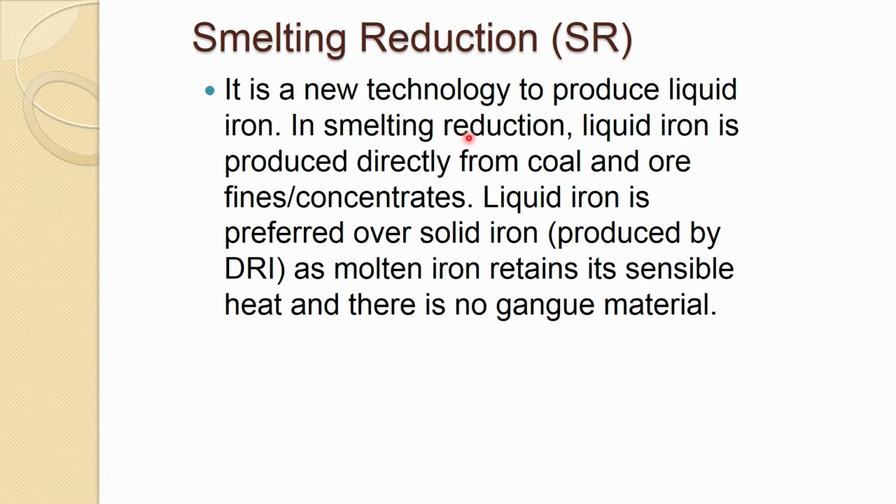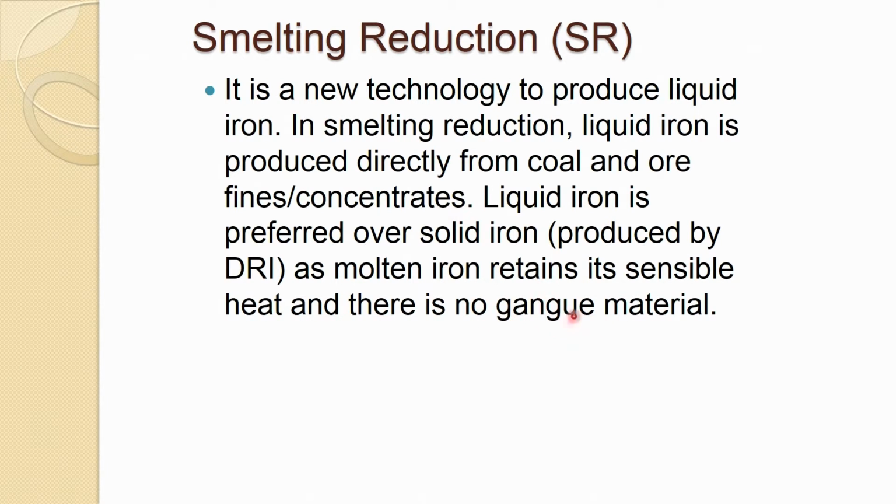It is a new technology to produce liquid iron. In smelting reduction, liquid iron is produced directly from coal and ore fines concentrates. Liquid iron is preferred over solid iron, as molten iron retains its sensible heat and there is no gangue material.